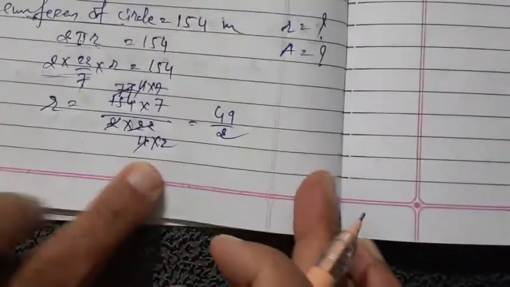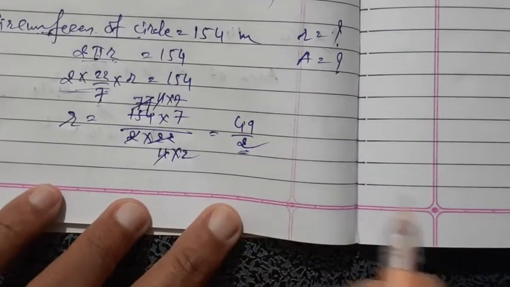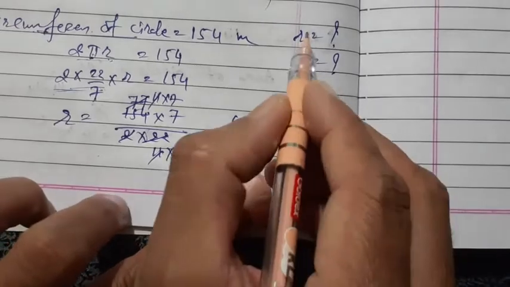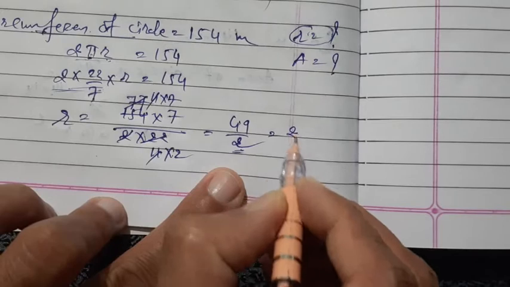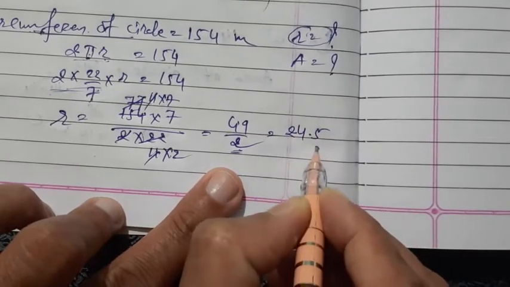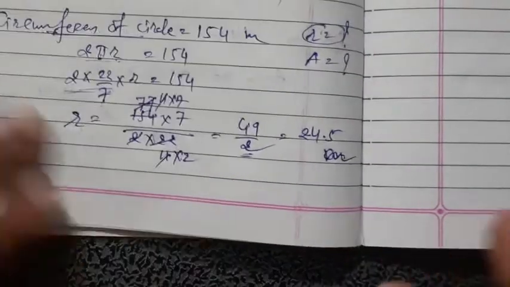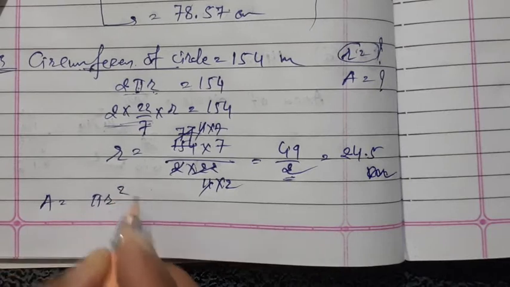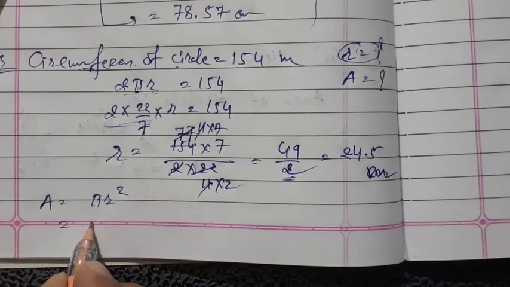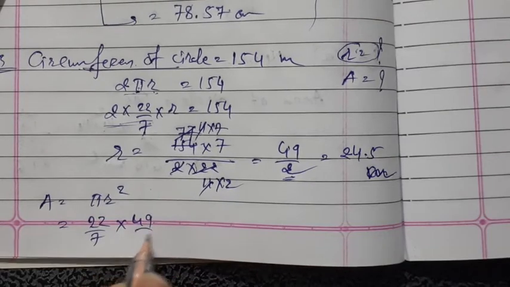Okay, so to find the area we use this formula. We want to find r, so that is 49 upon 2, which is 24.5 meter. Area equal to pi r square equal to pi is 22 upon 7 into r equal to 49 upon 2.